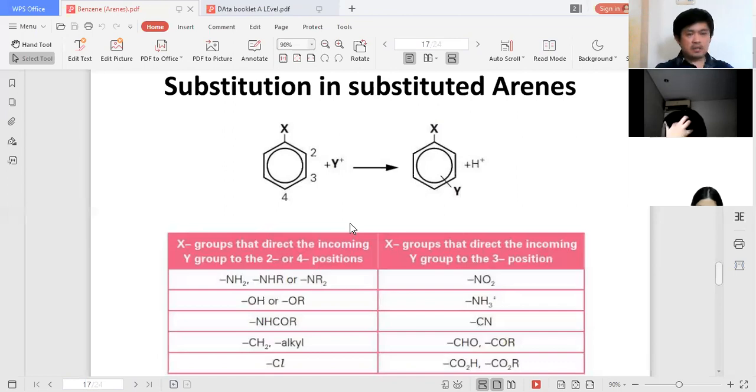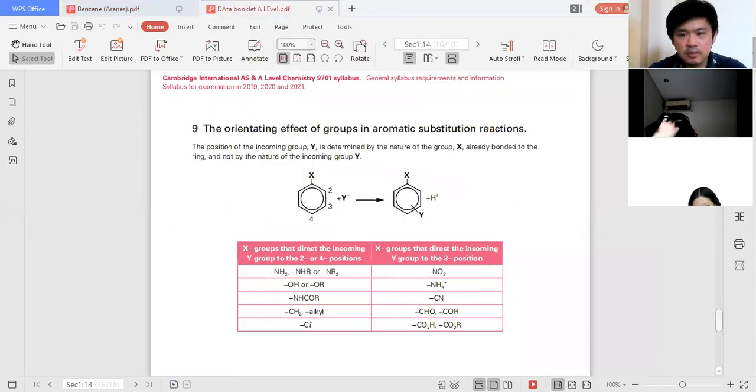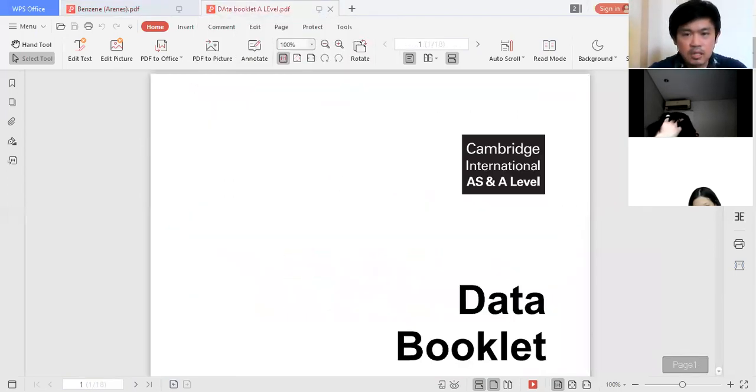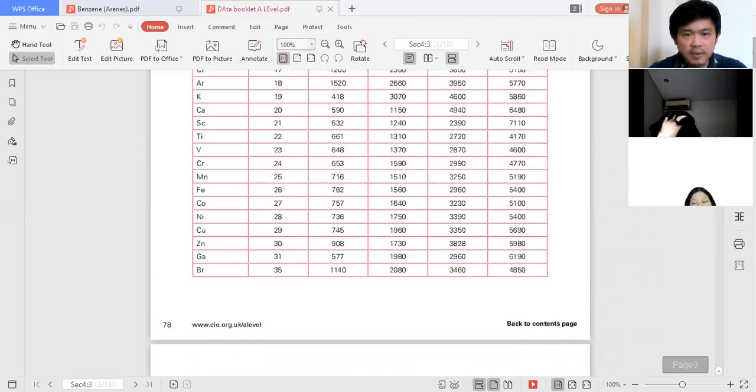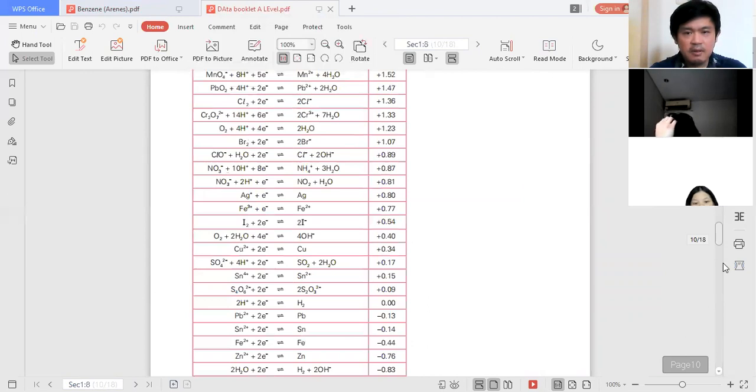Where can we get all this? This one is written in the data booklet. If we open the data booklet, on this page it is written specifically for the benzene.